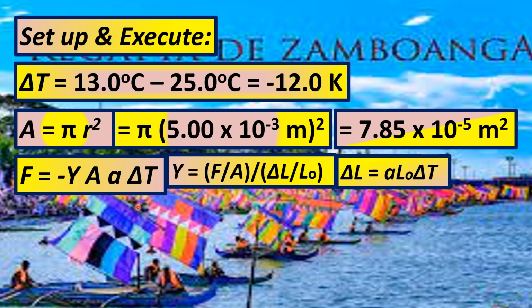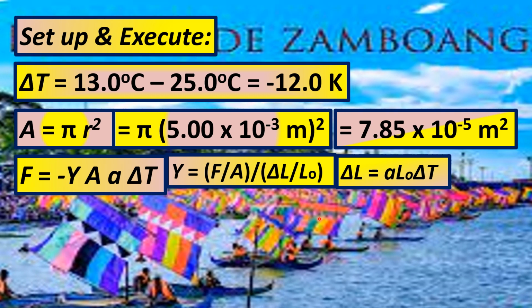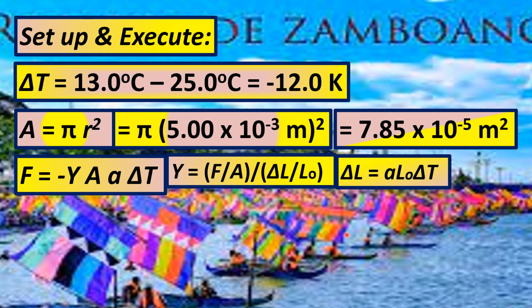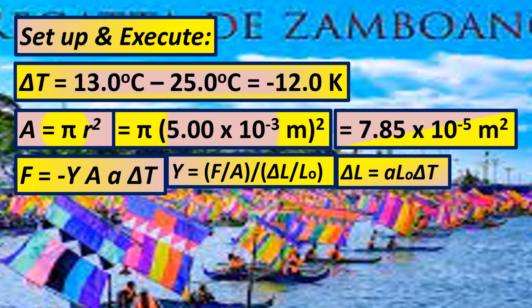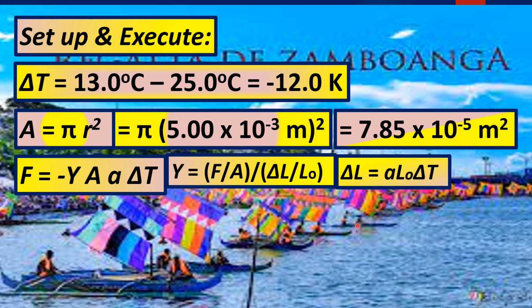So without the force capital F, the tendency for the rod is to contract. So when it contracts, the original length will be shortened.